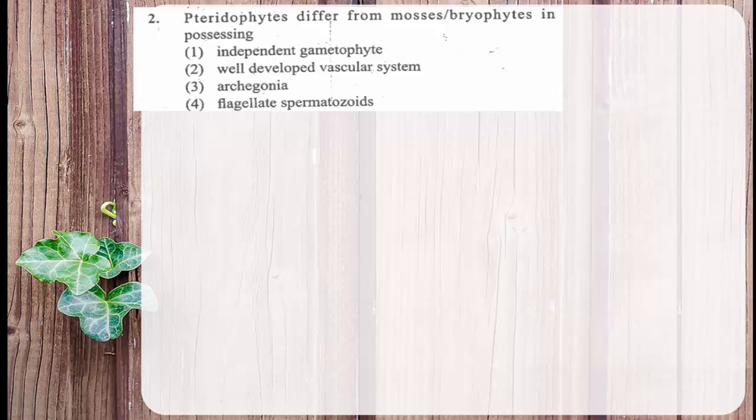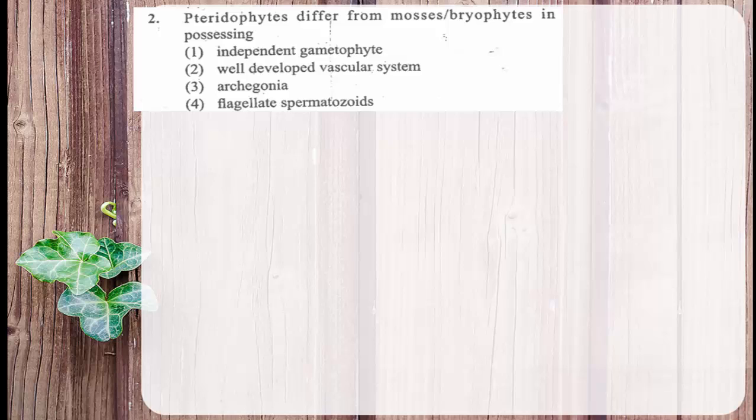And the given options are independent gametophyte, well-developed vascular system, archegonia, flagellated spermatozoids. So which character is differing from mosses or bryophytes in case of the pteridophytes?